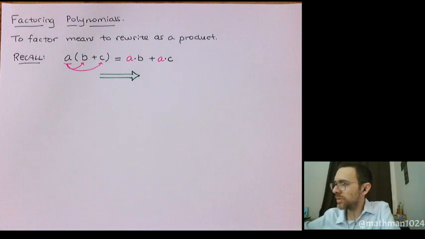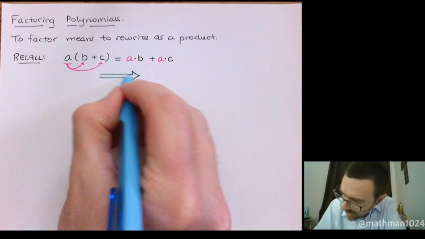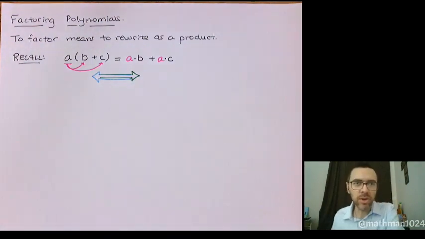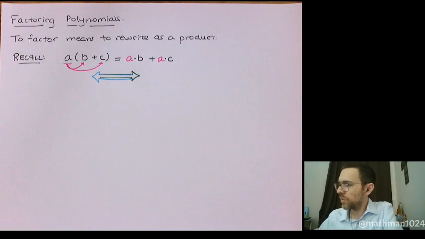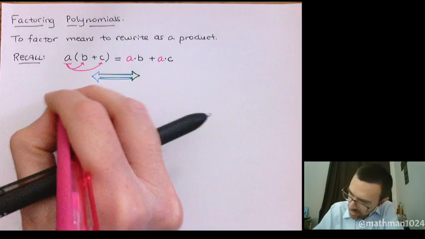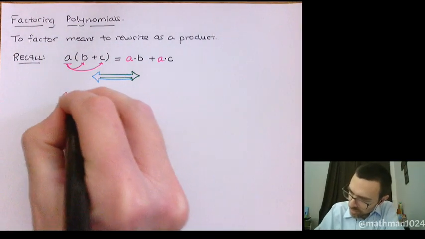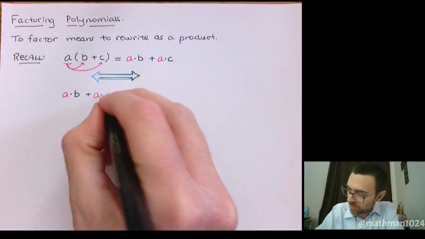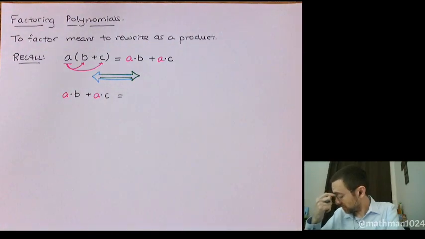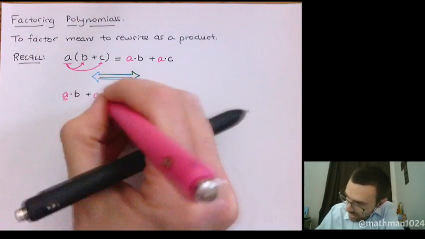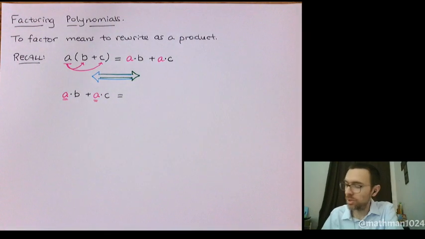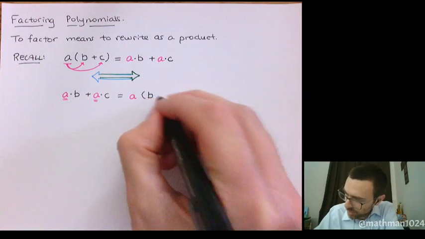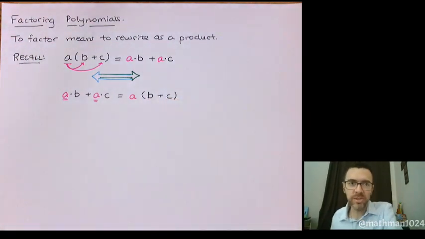But there's the other side of this. Since this is an equation, it allows us to go backwards. And so what that looks like is that if you have a times b plus a times c, if we can identify that there's this common factor, this common piece in terms of multiplication between the two terms, we can write that out in front, and we can put the remaining factors inside a set of parentheses like that.